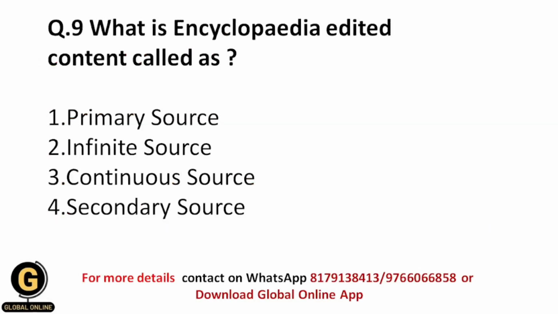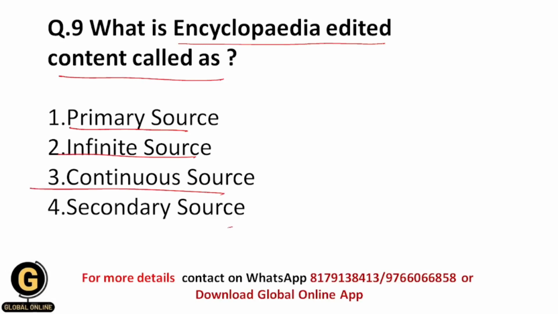Now next is, what is encyclopedia edited content called as? The options are primary source, infinite source, continuous source, secondary source. You answer me this question, because we have seen the types of sources and what they mean. Encyclopedia edited content is the edited content and it is based on what?